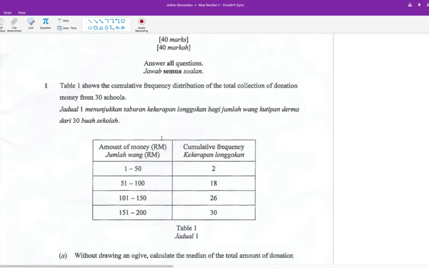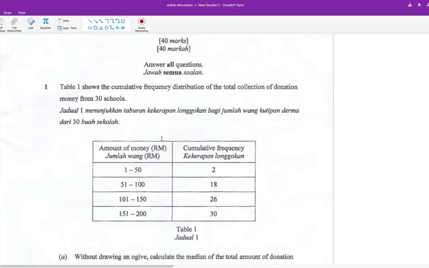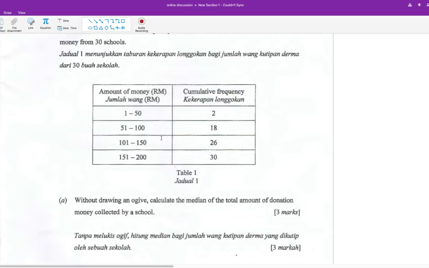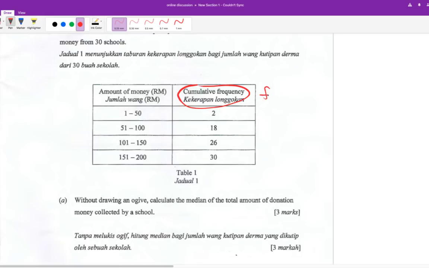The table shows the cumulative frequencies of the total donation money collected from 30 schools. Something very important to pay attention to here is that this is cumulative frequency, not frequency. So what you need to do as your first step is to find out the frequency.